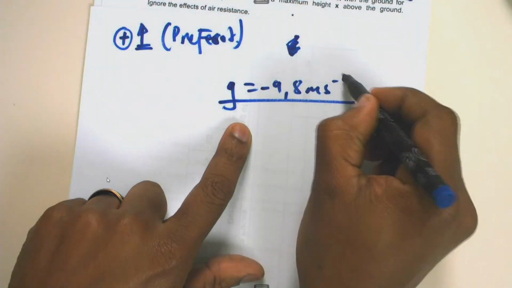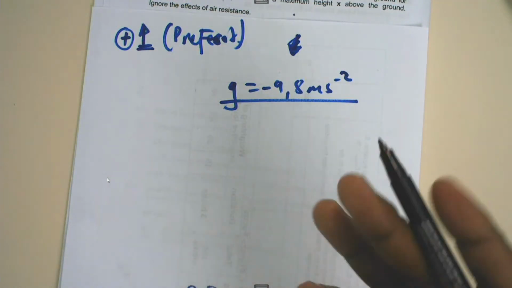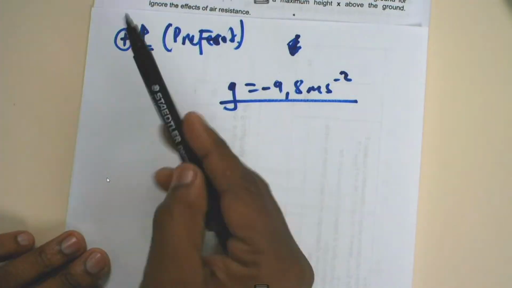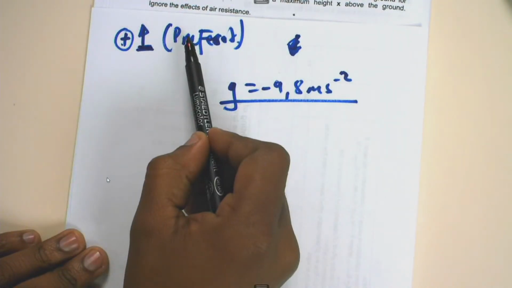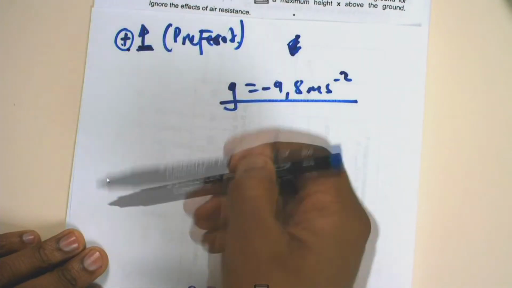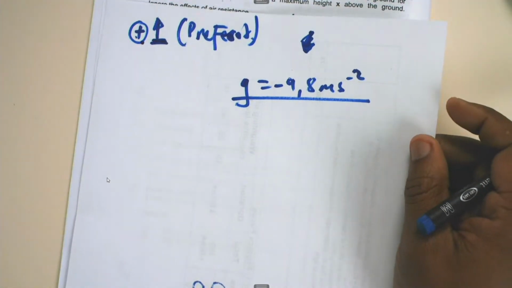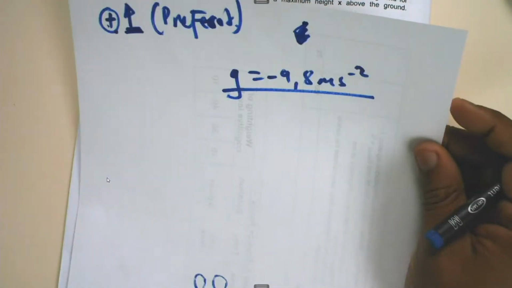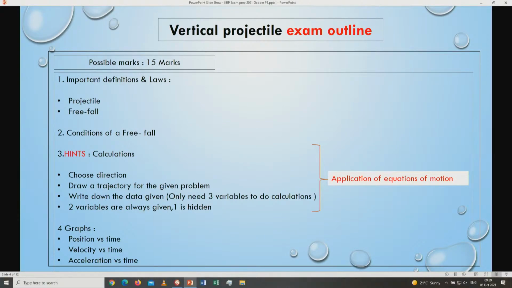So this assists me when I do my calculations, I don't confuse myself in terms of the choice of direction. So I will always prefer upwards as positive, and everything that is going down will be negative.